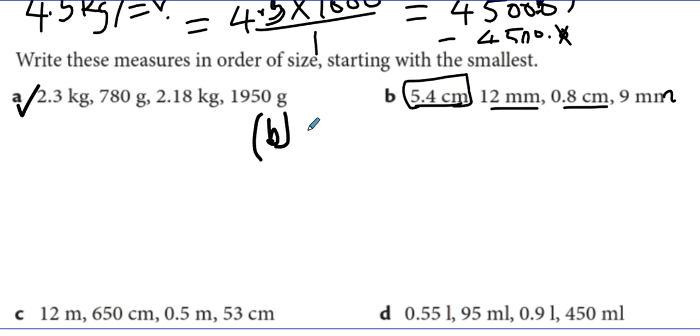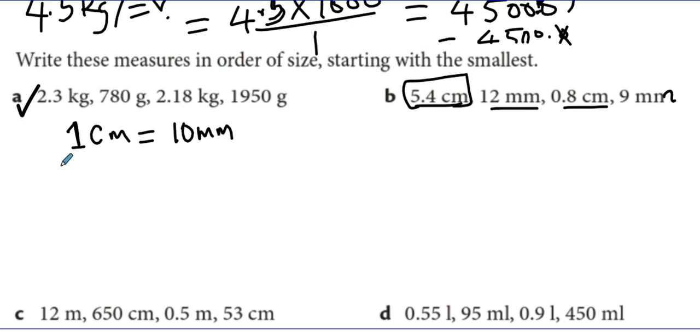So the idea is, 1 centimeter equals 10 millimeters. So 5.4 centimeters will be equal to, you cross multiply, 5.4 times 10.